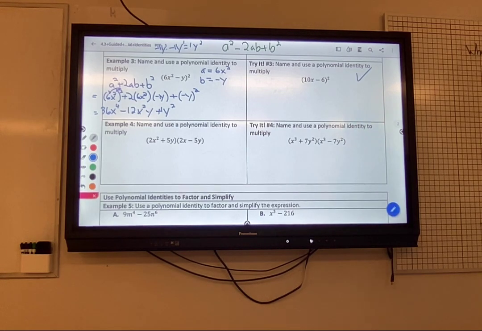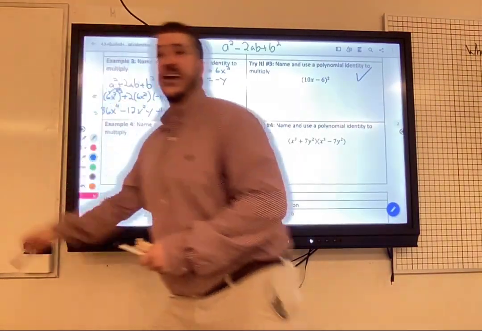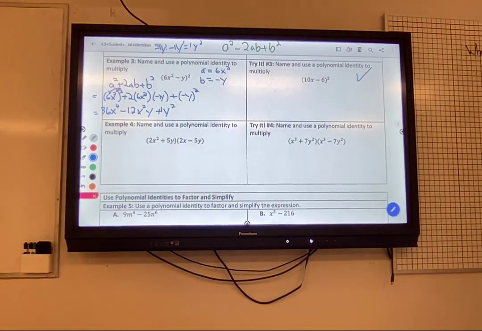And guys, at the end of the day, if you just aren't getting how to use the identity, all you would have had to do on the one we just did is take 6x squared minus y. Some of y'all have been putting them in the box, doing the box method. You can box it up.